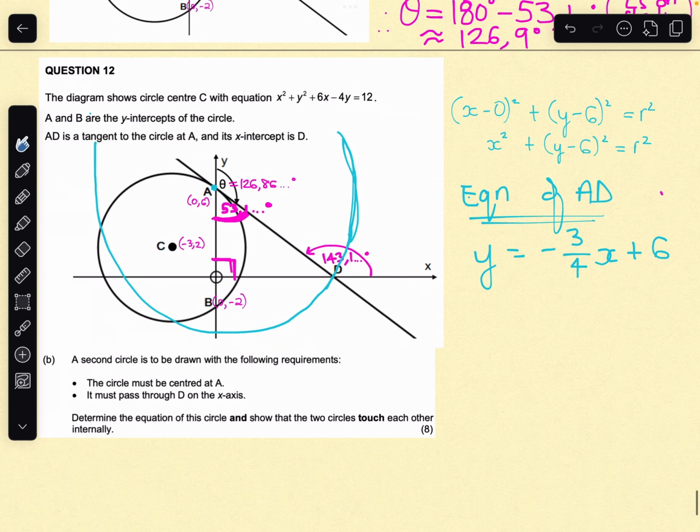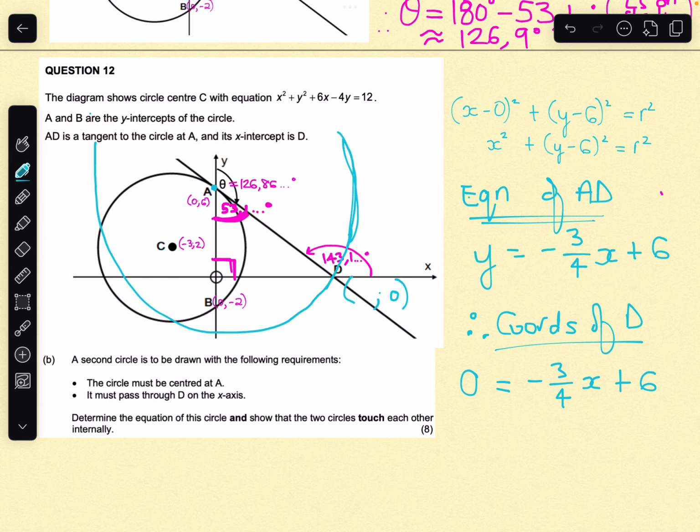So then, to find the coordinates of D, which we know will be something and 0, because it's on the x-axis, it will be 0 is equal to minus 3 over 4 x plus 6. If I move it to the other side, it will become positive 3 over 4 x is equal to 6.